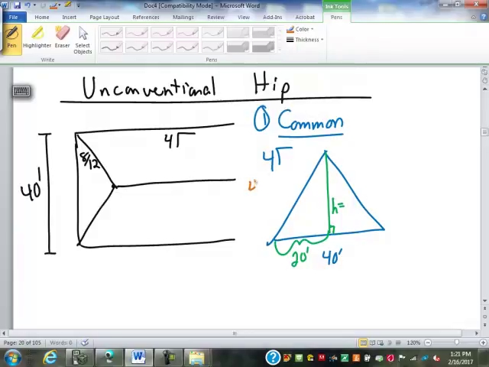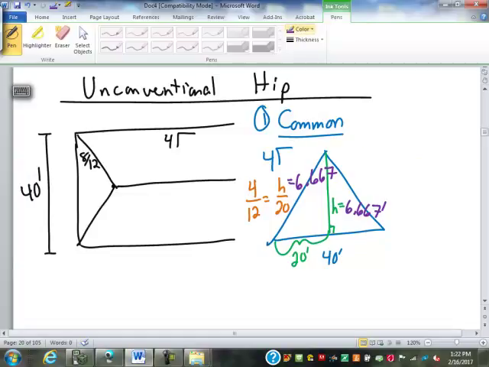So h is going to be 4 over 12 is h over 20, which gives us 6.667. Somebody double check me. 6'8", but 6.667, right? 6 2/3.